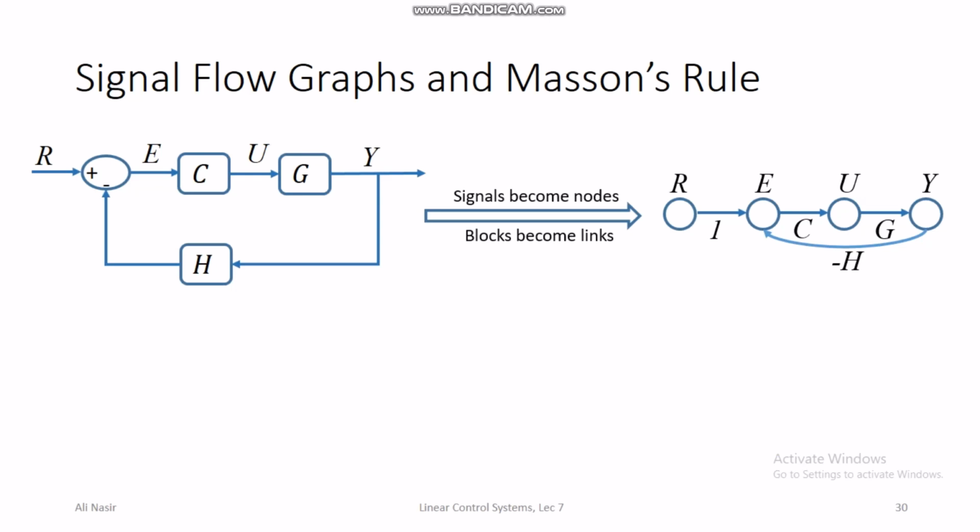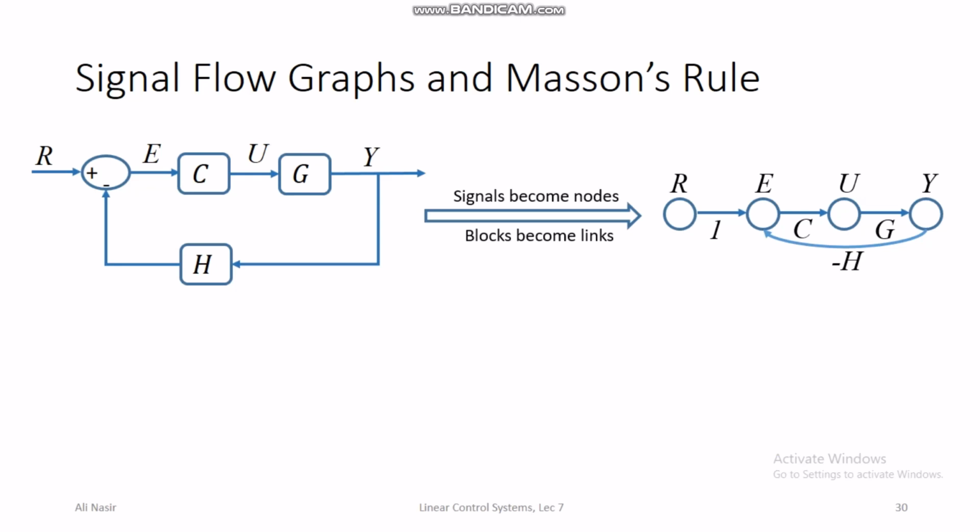So you can see in the signal flow graph there are 4 nodes. Each of these 4 nodes represents a signal in the corresponding block diagram, and there are 4 links, 3 forward links and 1 feedback link. The forward links represent the blocks in the block diagram.